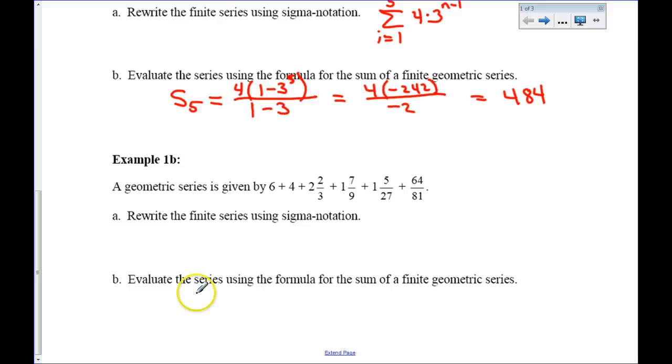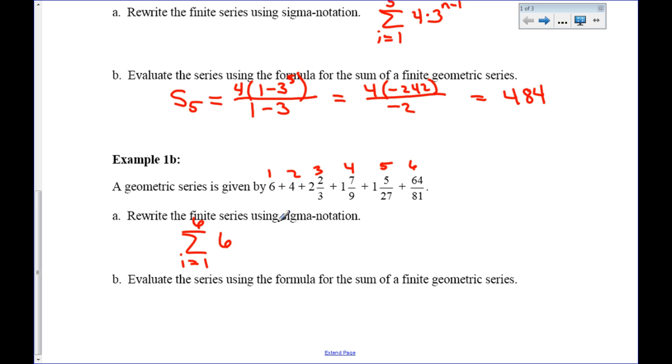Okay, so this is what I got for my sigma notation. I have i starting at 1. And what is my n value? 6, because there's 6 of them. We have 1, 2, 3, 4, 5, 6. So our very first g value is 6.